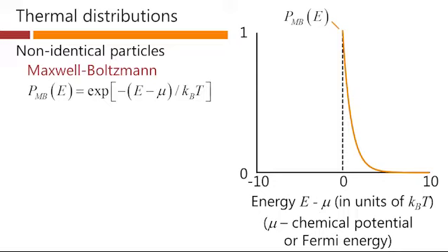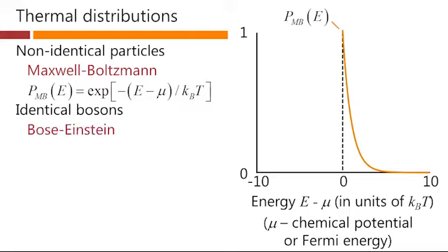So we're plotting energy minus the chemical potential in units of the Boltzmann constant times temperature. So this here would correspond to the energy equaling the chemical potential at 0 here. And we're plotting it up to plus 10 k_B T and down to minus 10 k_B T. In this case, this particular distribution would exceed 1 for all of these negative values here.